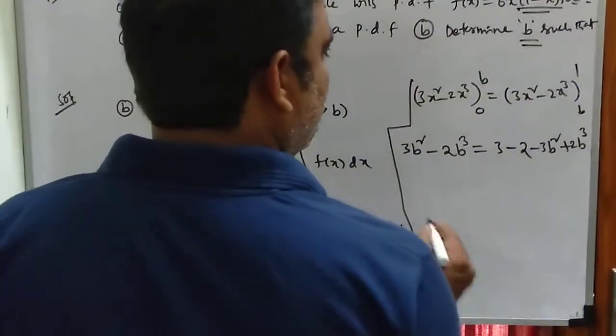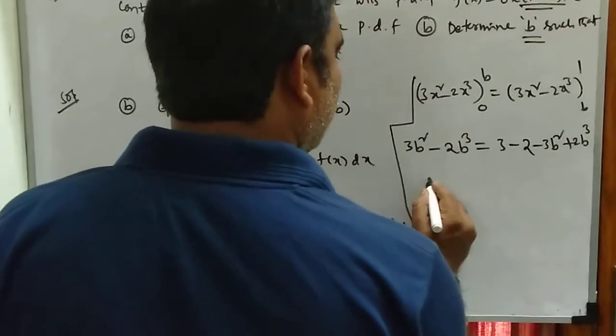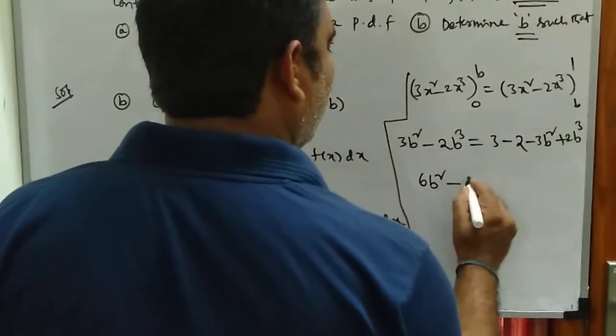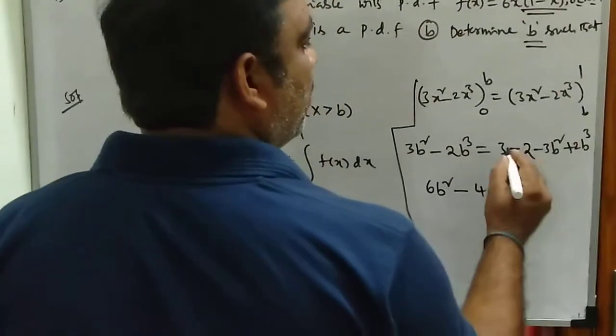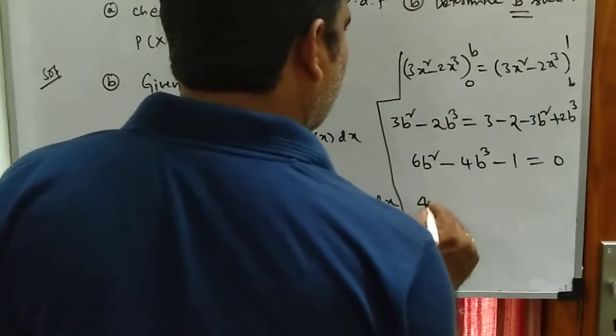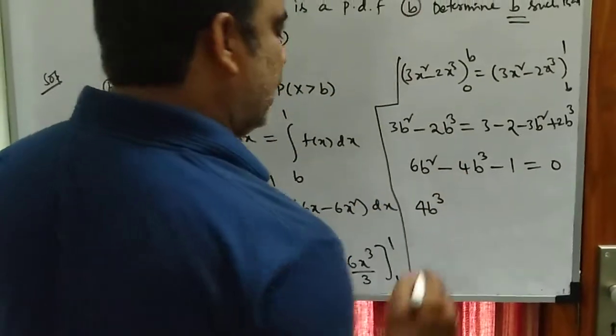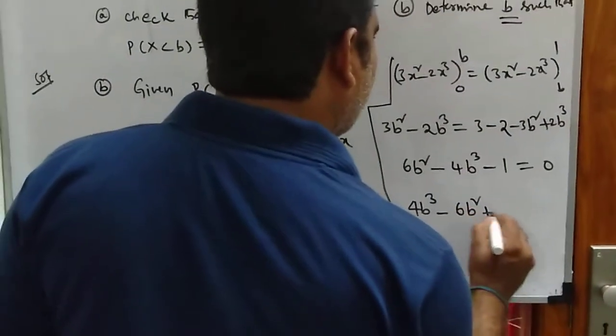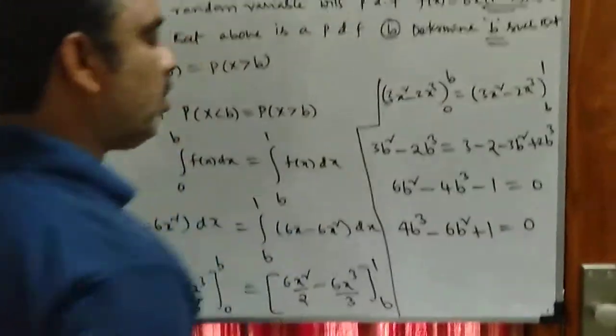So I am writing 3b square on this side: 6b square minus 2b cube minus 2b cube, minus 4b cube, plus 3 minus 2 is 1, that is minus 1, is equal to 0. Multiplying the whole thing by minus sign: 4b cube minus 6b square plus 1 is equal to 0.